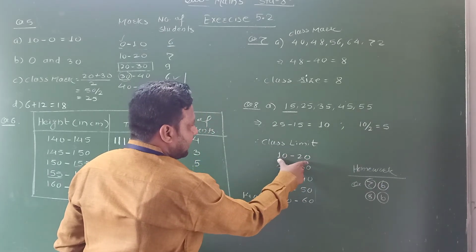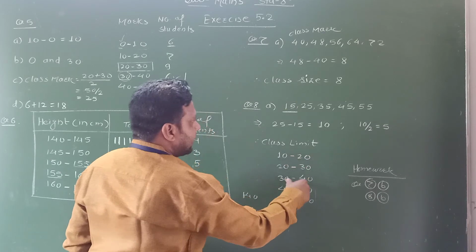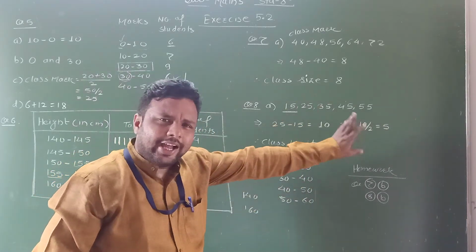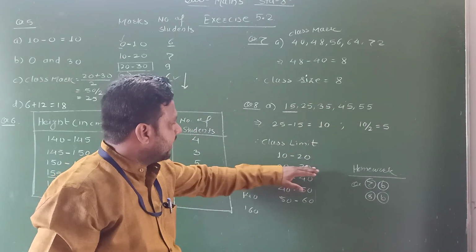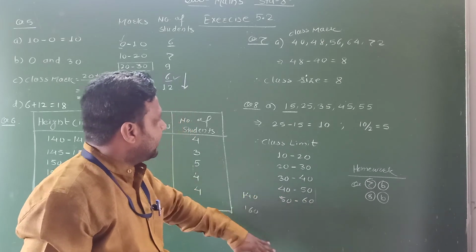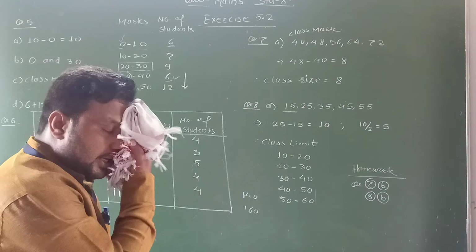Here we get the class interval 10 to 20. Similarly for 25, again subtract 5 and add 5, that is 20 to 30. Then 30 to 40, 40 to 50, 50 to 60. In this way we get the class limits or the class intervals if the class marks are given.